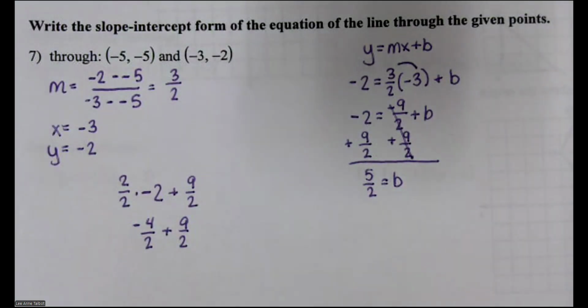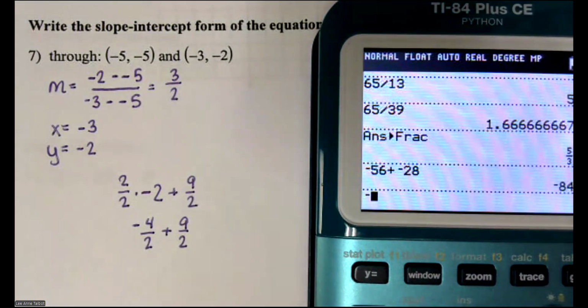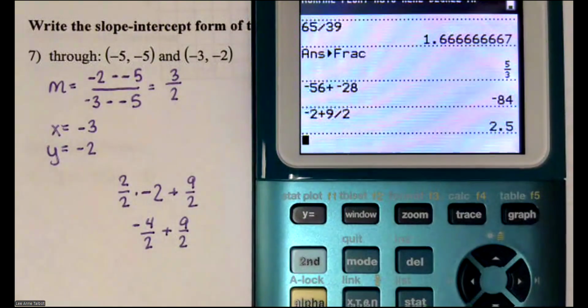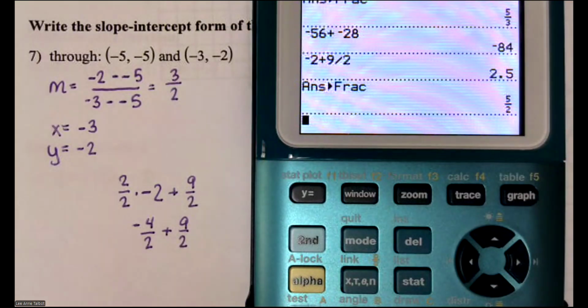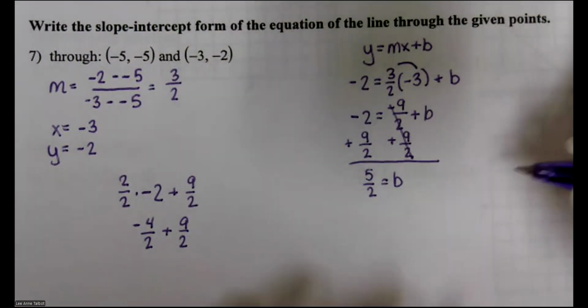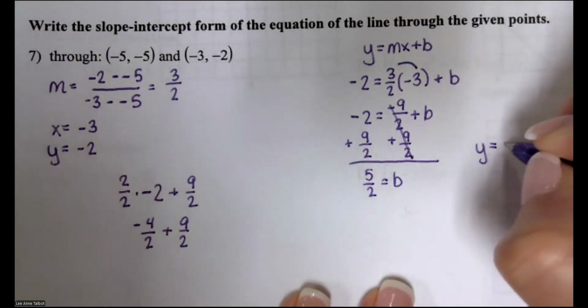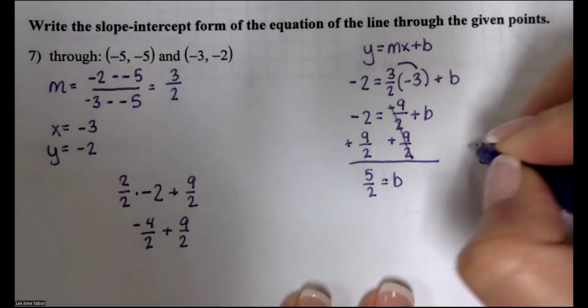If you have a calculator that will do that for you, that's awesome. For me, I'd probably go -2 plus 9 over 2, and then change it to a fraction because I'm lazy. But I guess I'm not lazy because I did it correctly down here. Anyway, okay, y equals 3 over 2x plus 5 over 2.